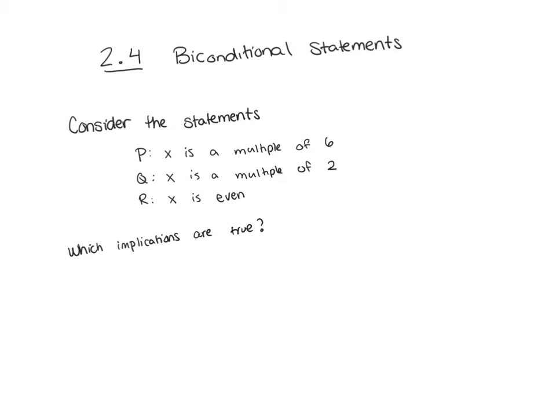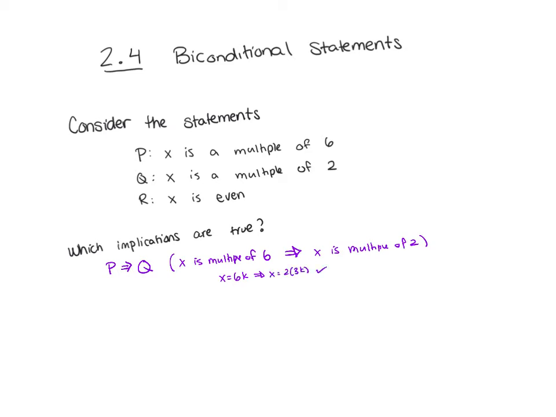So for example, does P imply Q? Let's think about that. X is a multiple of 6. Does that imply that X is a multiple of 2? Well, yeah, if I think about that, it means X is equal to 6 times something, but therefore X is equal to 2 times 3 times that something.